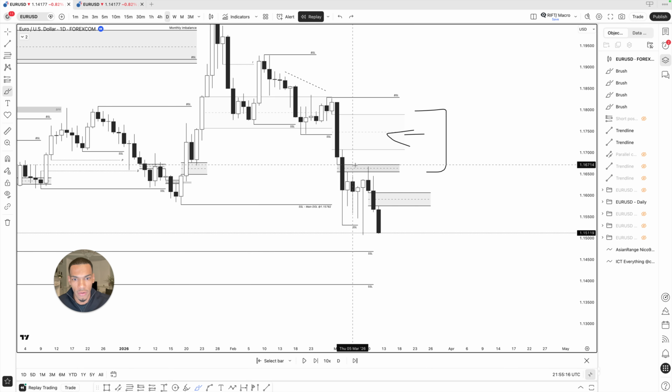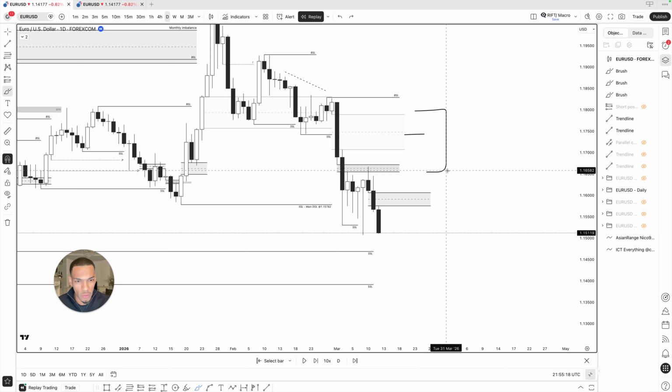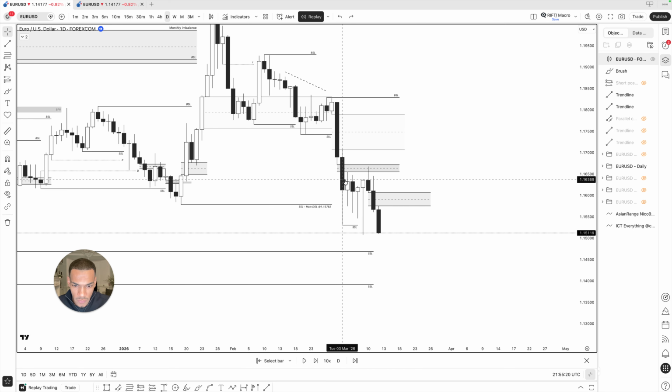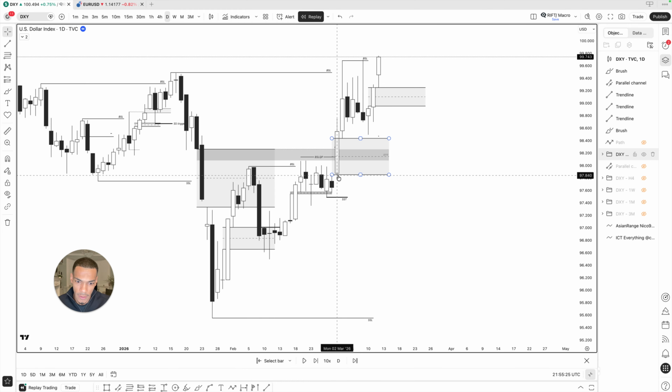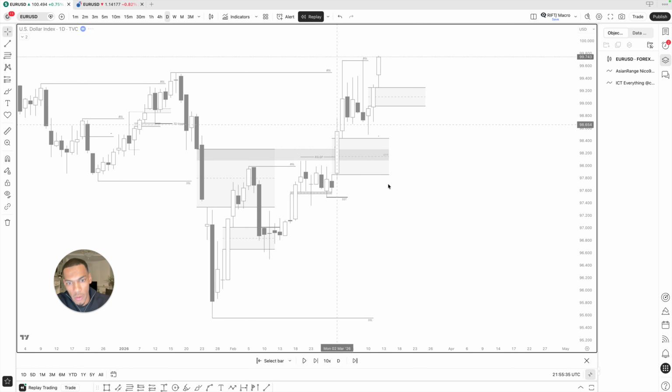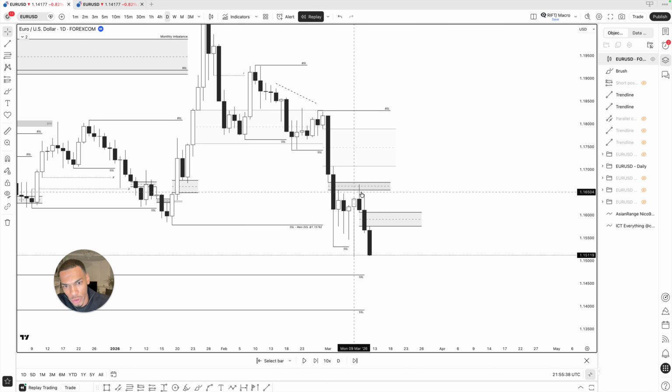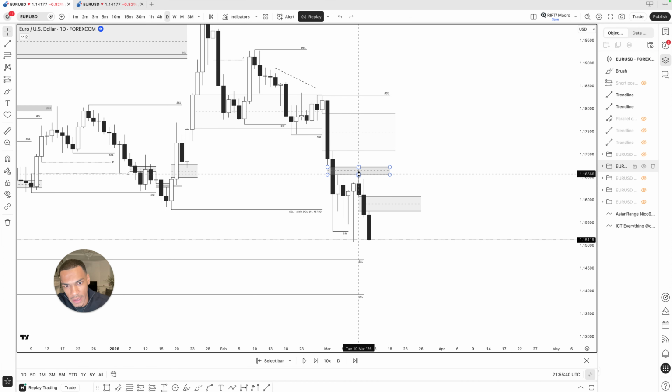The DXY array was formed on the 2nd of March, so the bearish imbalance on EU would have formed here on DXY, and you can see we don't get that, it's actually closed. That wasn't an ideal scenario, and that's why I didn't participate in the shorts here.